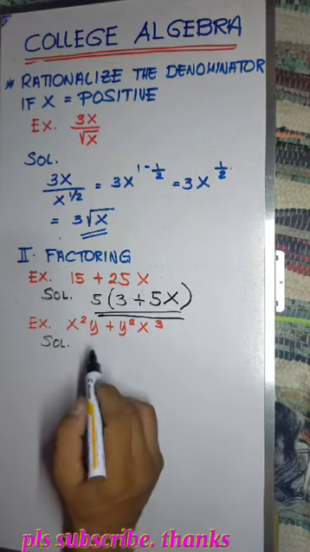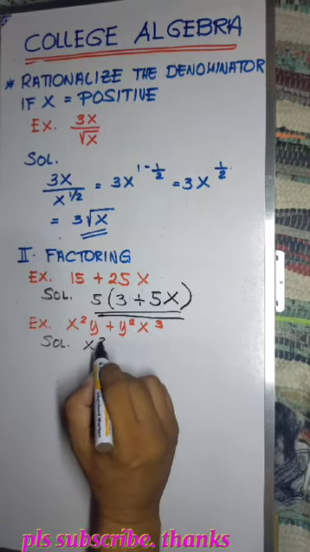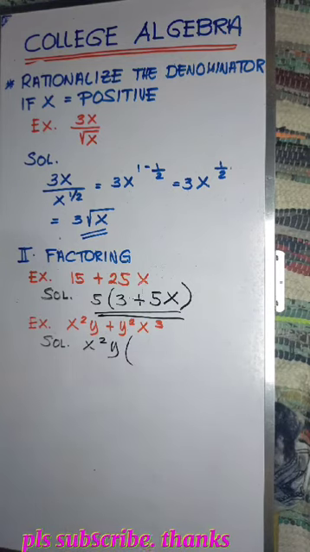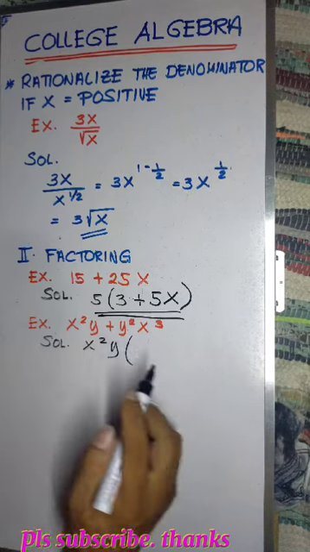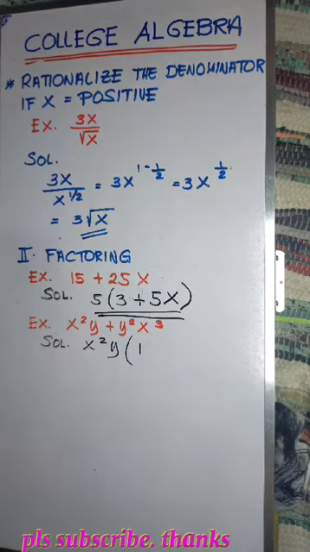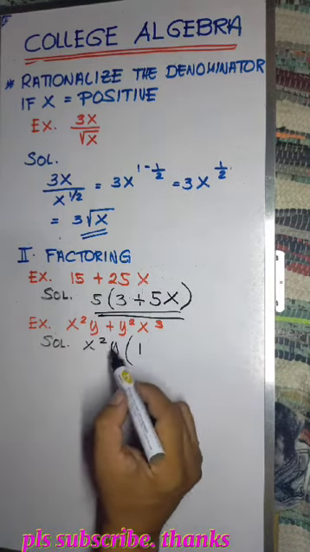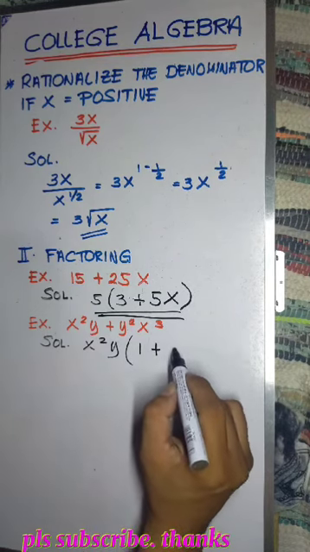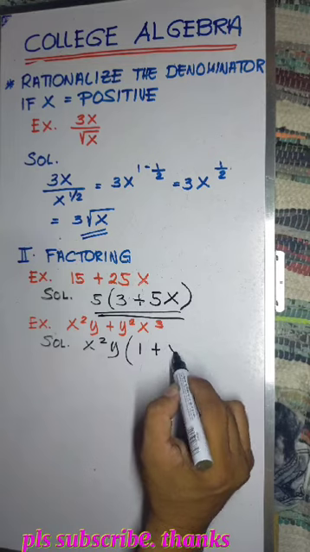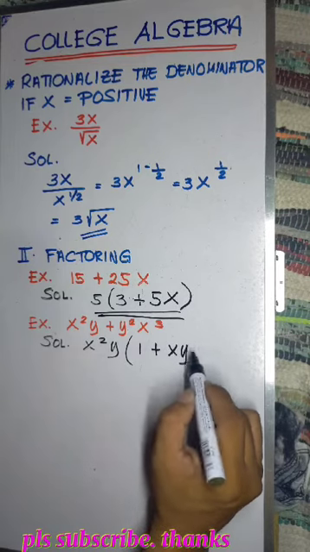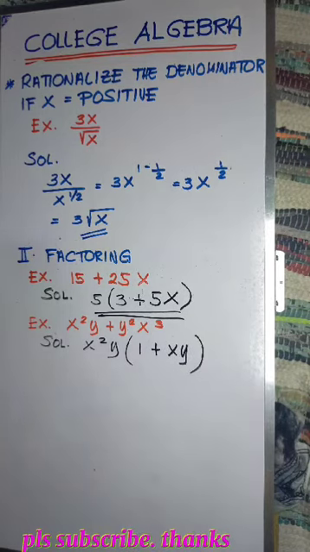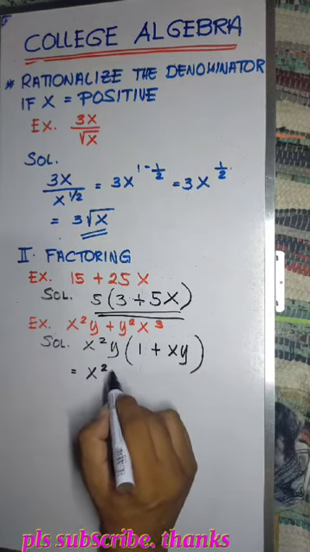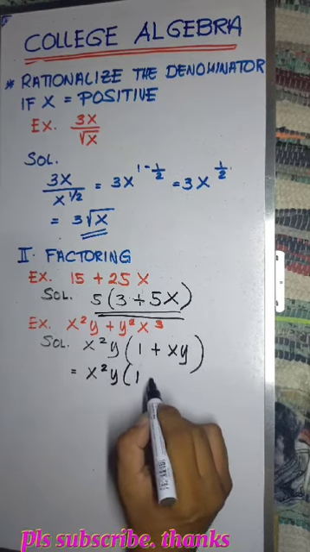So you have x squared and y. Okay. So now x squared y divided by x squared y, that will become 1. Okay. So y squared x cubed divided by x squared y, that will become xy. Okay. So the result will be x squared y times (1 plus xy).